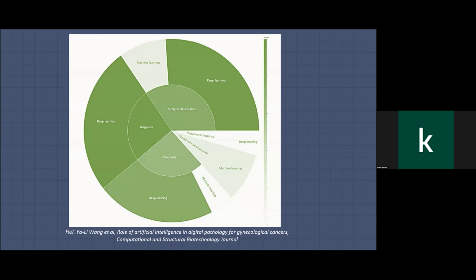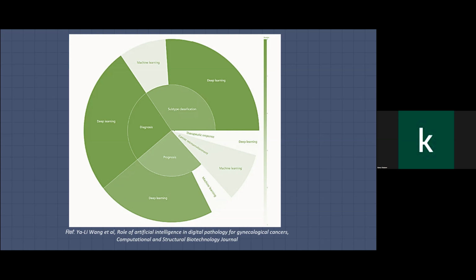Okay, this is a very good, let's say, smart chart which shows different studies and in what percent they've used different algorithms. As you see, for diagnosis, only deep learning algorithms were used. For prognosis, it was deep learning algorithms as well as machine learning. And for subtype classification, both of the algorithms were used.